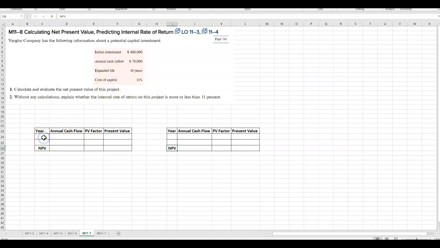So we're just going to do the same thing we did in the other one. Year 0, annual cash flow. So this is the initial investment, minus $400,000. There's no present value factor here because we are at year 0, which is present value. So $400,000. Expected life is 10 years and annual cash inflow is $70,000. So years 1 through 10 is a positive $70,000 each year.